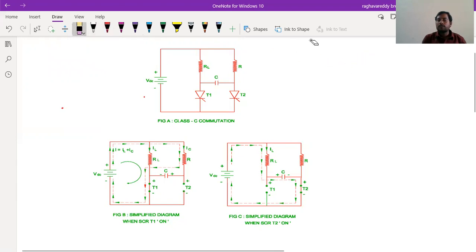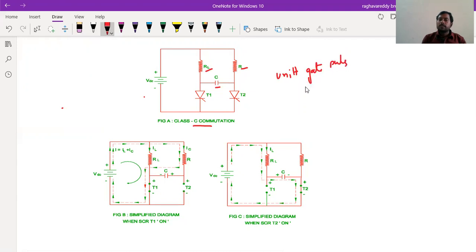Now let us discuss the operation of the circuit, that is class C commutation. So this is resistor 1 and resistor 2, and the capacitor is connected like this. Until a gate pulse is given to thyristors T1 and T2, they won't be turned on.